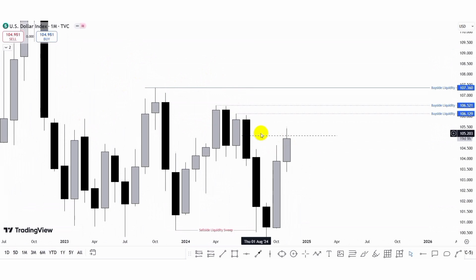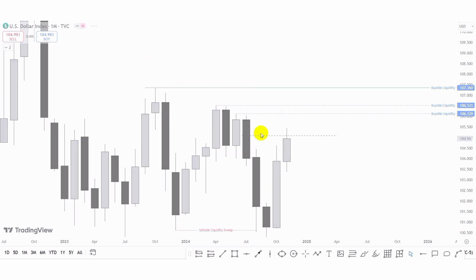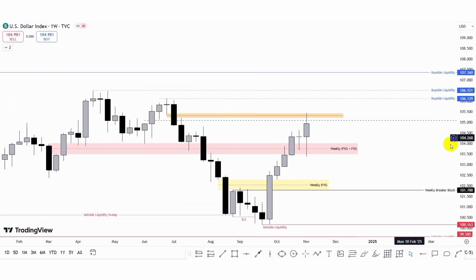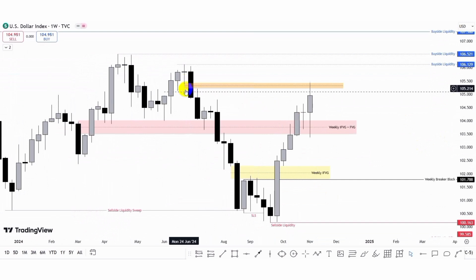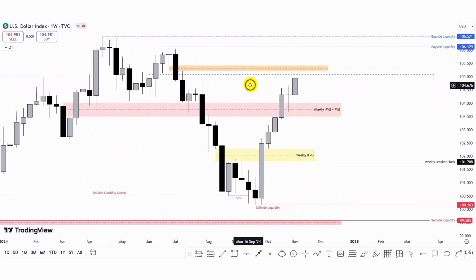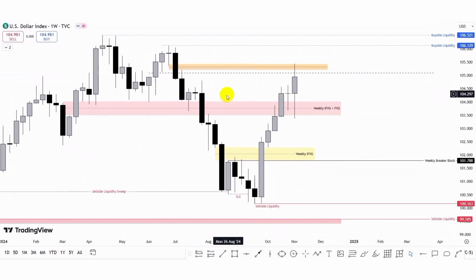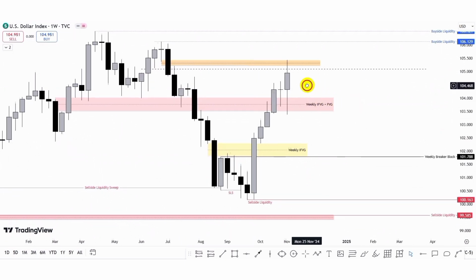So let's get back to the 1 week time frame. So here in the weekly time frame, what we can see is that price is reacting at this fair value gap, and in confluence with the bearish order block mean threshold we identified from the monthly time frame. And now what we can see is that this fair value gap becomes an inversion fair value gap.